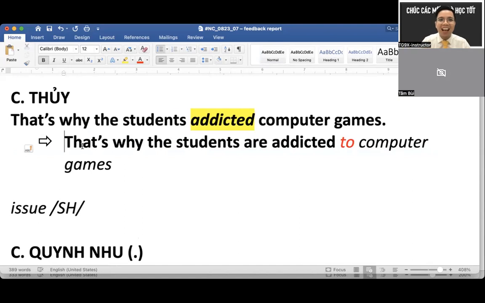Please. Repeat. That's why the students are addicted to computer games. Say it slowly, please. Chị Thủy, help me. Students are. Okay, wait. One more time. That's why the students are addicted to computer games.